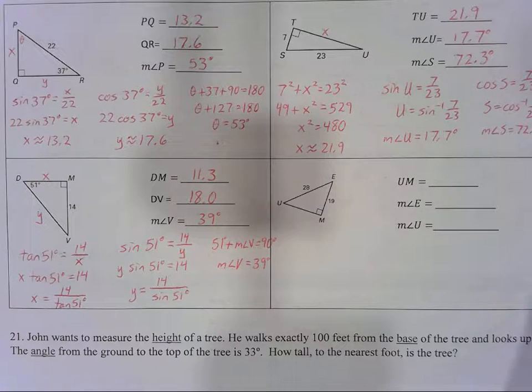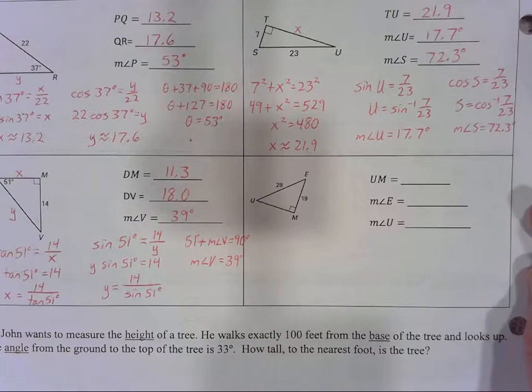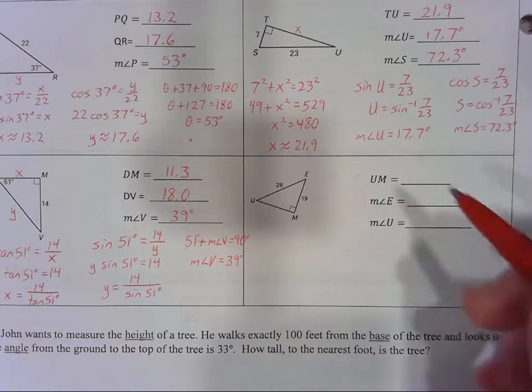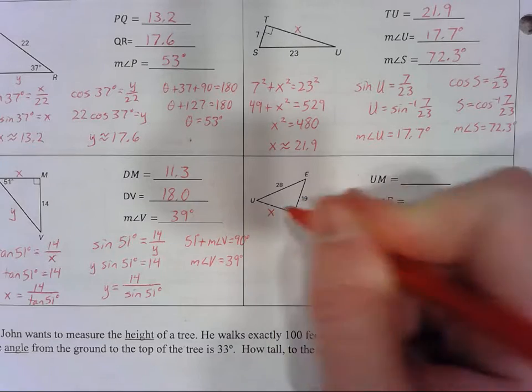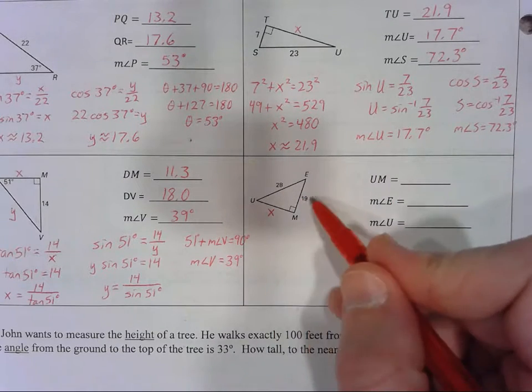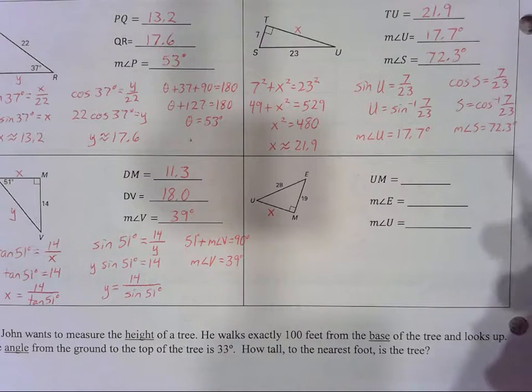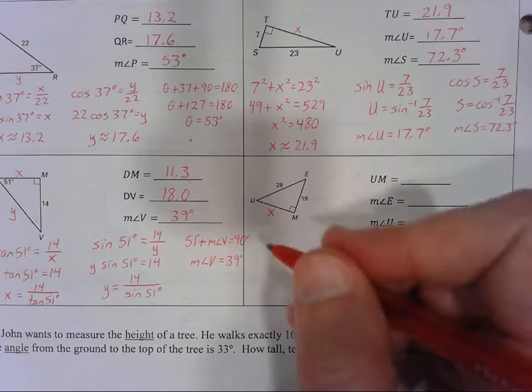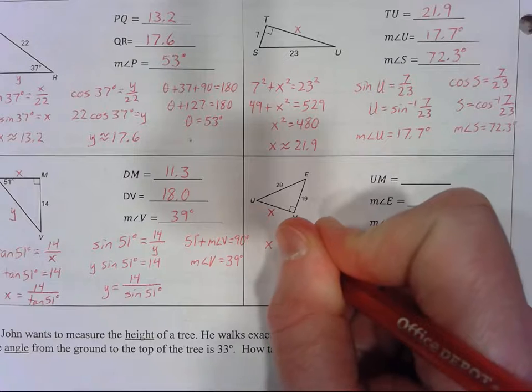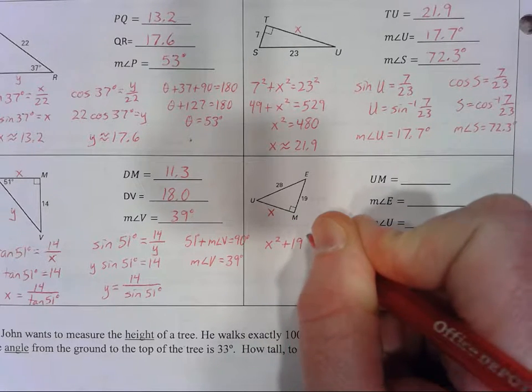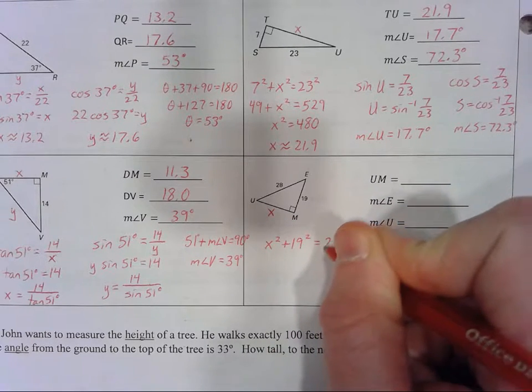And the last of these, solving triangles. So we're looking for UM, which is the third of the sides. Therefore, it can be found using Pythagorean theorem. X squared plus 19 squared needs to equal 28 squared.